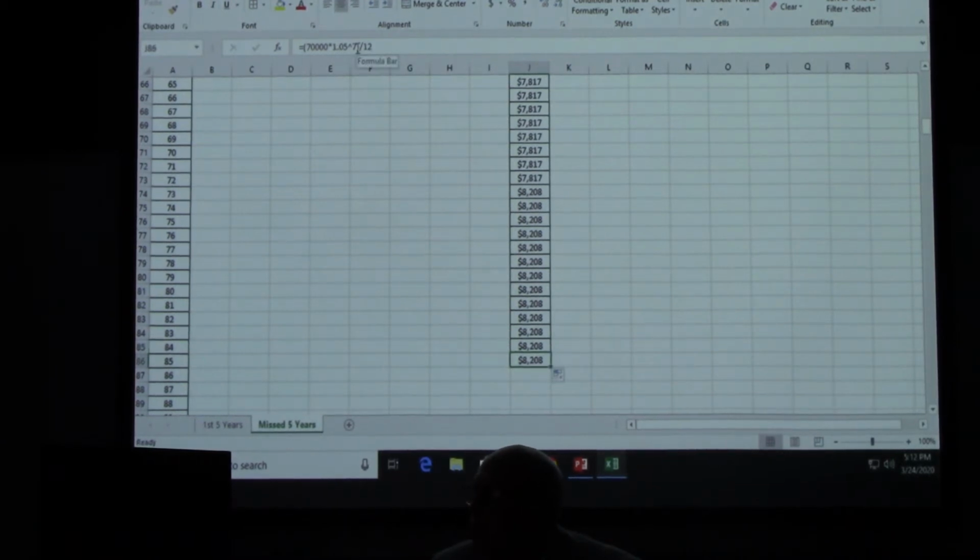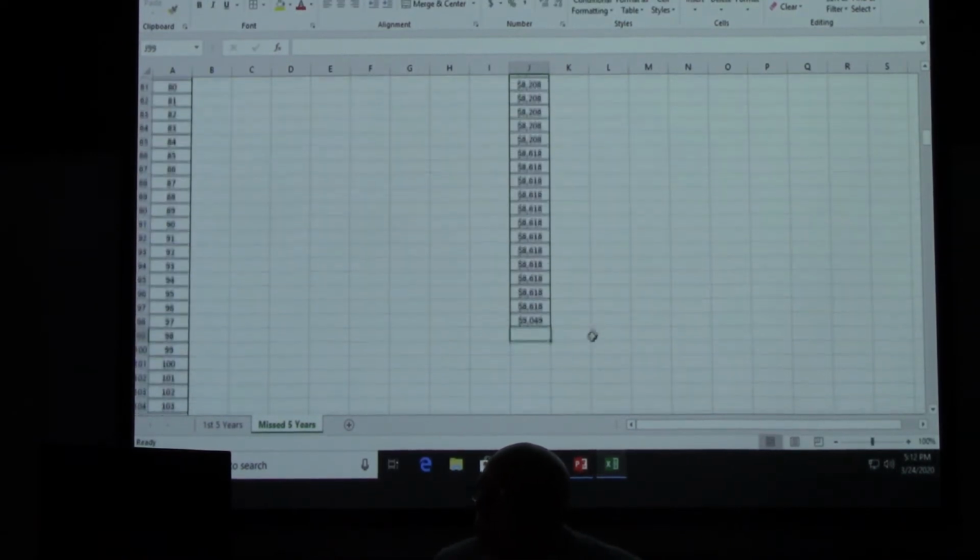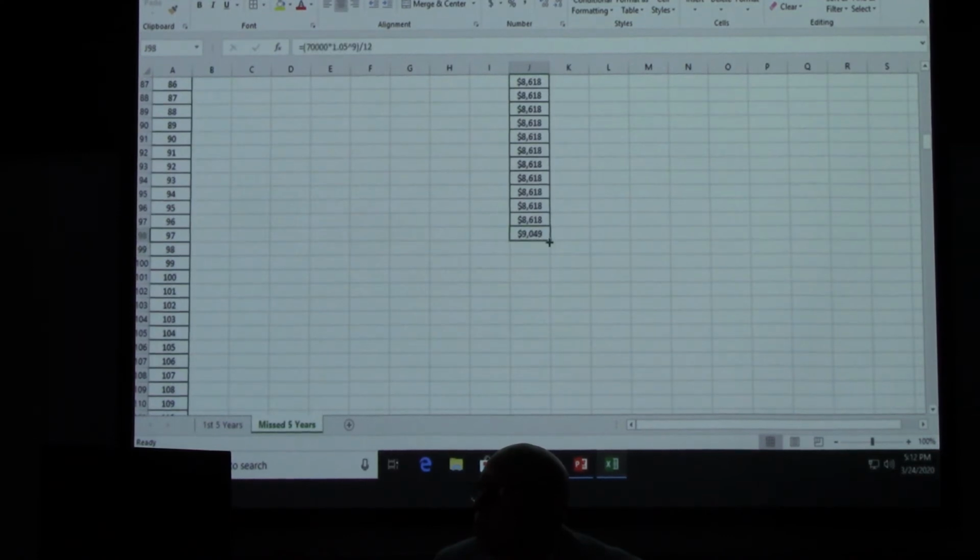All right, and that's going to be 8. And so 8 times 12 is 96, so we'll take it down to 97. And this is 9. We'll take that down.